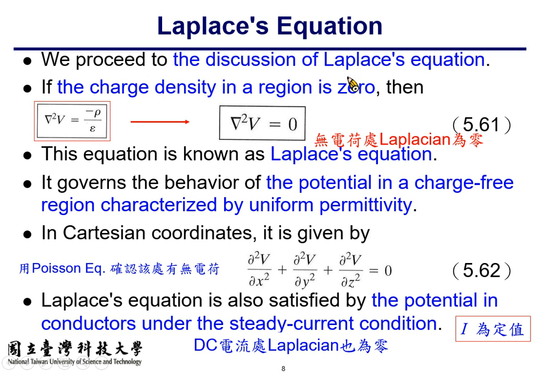Now we proceed to the discussion of the Laplace equation. If the charge density in a region is 0, which means there is no charge at that point, then the Laplacian of the voltage at that point is 0 as well. Can I say that the voltage at that point is 0?